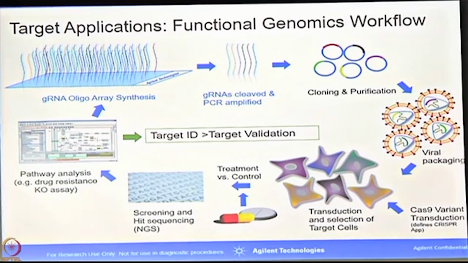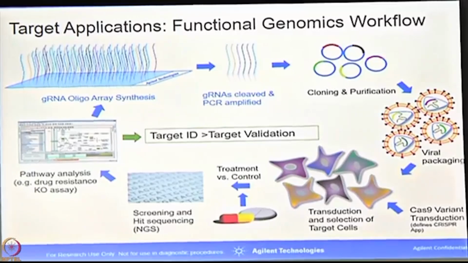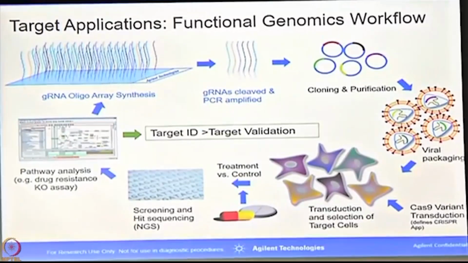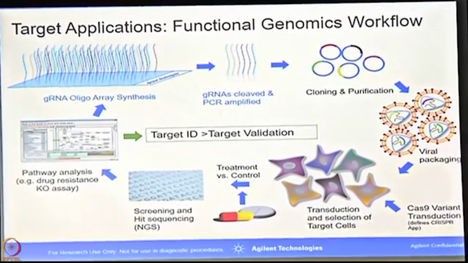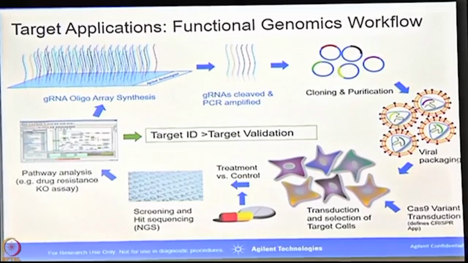So what we do is make guide RNAs for that panel, and this is totally custom. We used to make some catalog, but we depend totally on the users. So we make the guide RNA on a slide, cleave it from the slide, do PCR amplification, and pack it into viral particles.